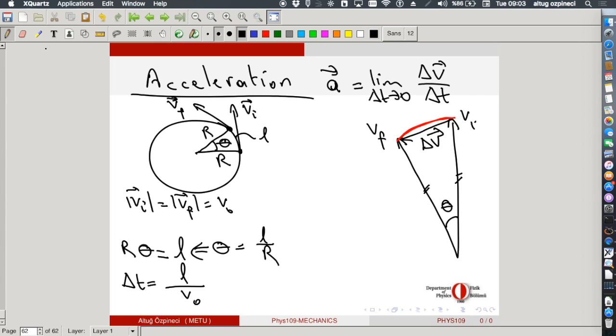So if we just imagine a circle with center over here, my velocity vectors will all go along that red curve, which is just a part of a circle of radius v0. I started here, they are rotating, they are changing their direction without changing the magnitude. So they will just go over a circle.